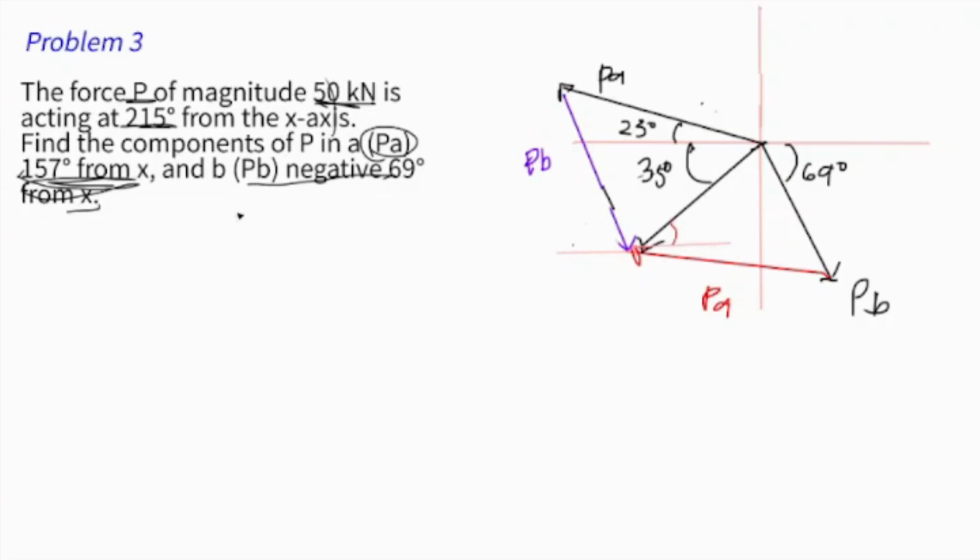This is 35 degrees. And dito naman, makikita natin na kapag in-extend natin itong line na to papunta dito, ang opposite angle nito will be here. So, 69 degrees siya. Kapag ginawa natin yung same logic, this will also be 69 degrees. So, pwede na natin makuha yung angle na to.